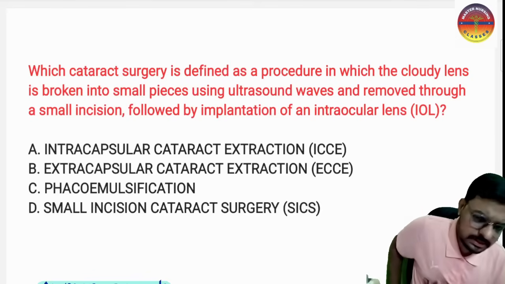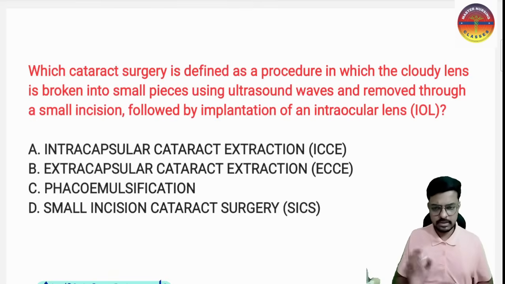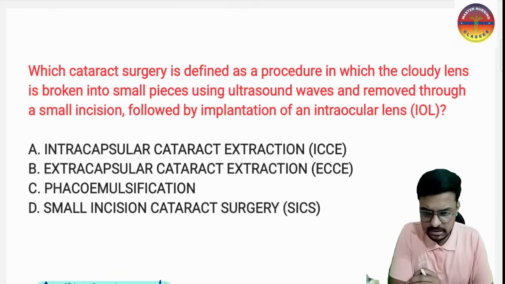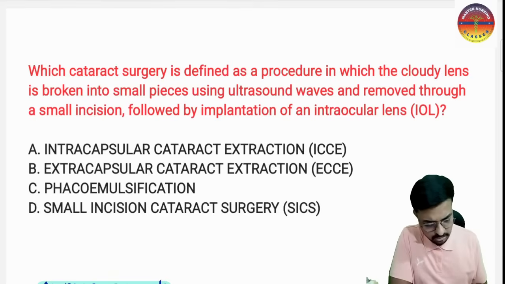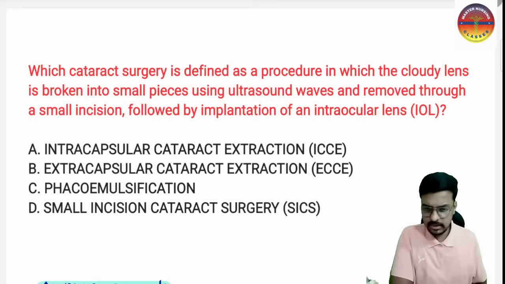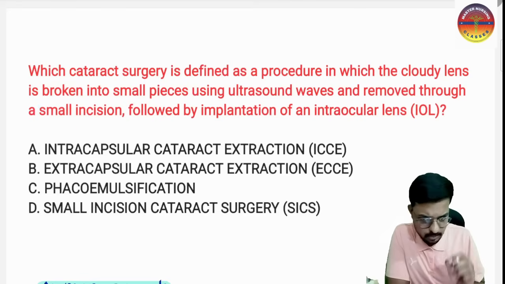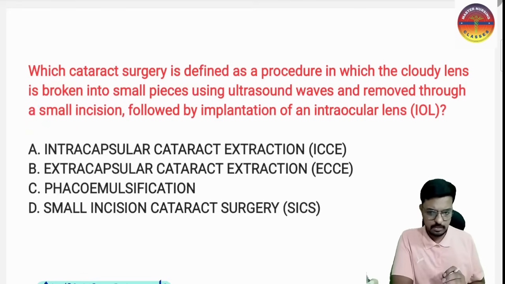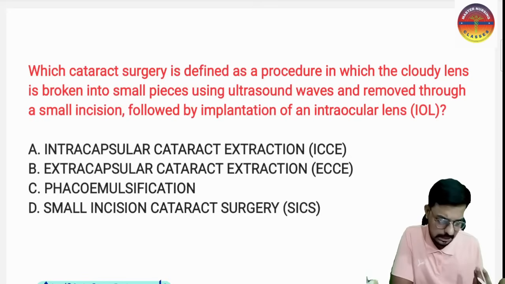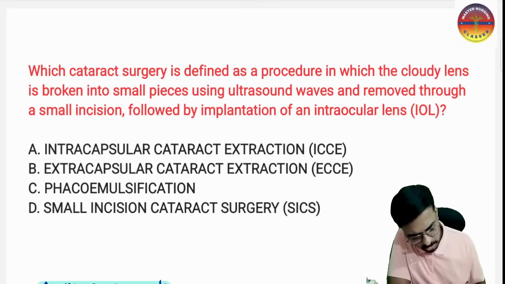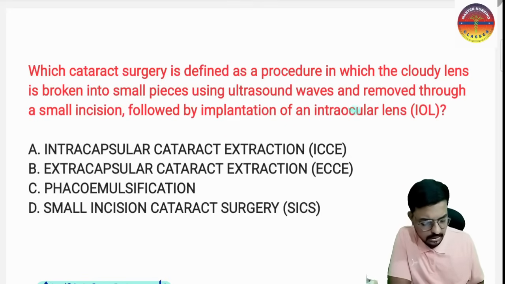This is very important. We remove the pieces through a small incision. We make a small incision and remove all the small pieces which we have broken using the ultrasound waves.